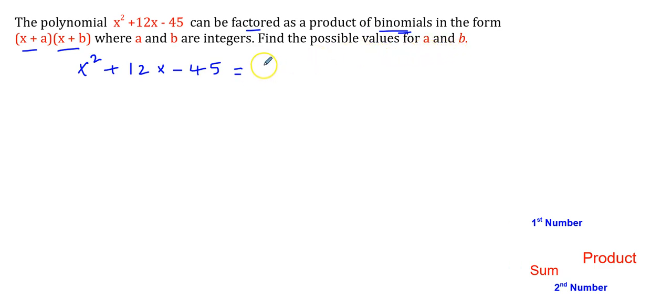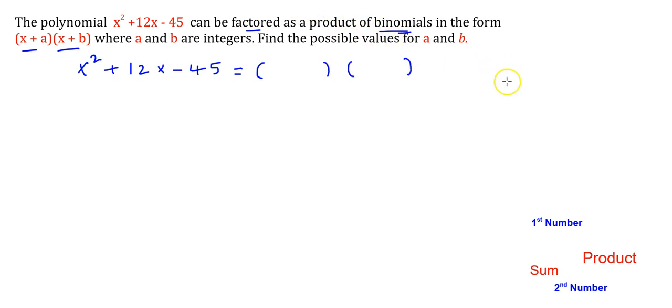That's the question here. So let me write down those factors, and we know the procedure to find the factors when x square is by itself. Here x square is just 1x square.